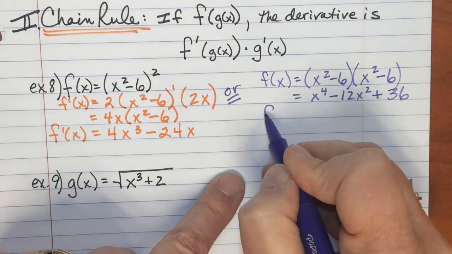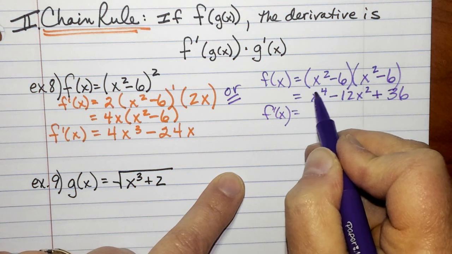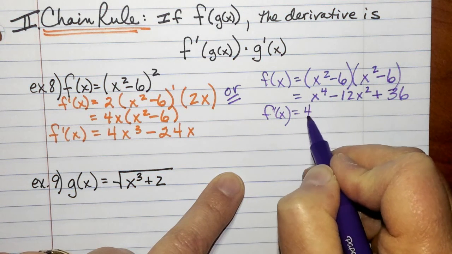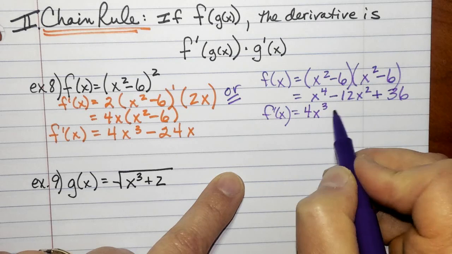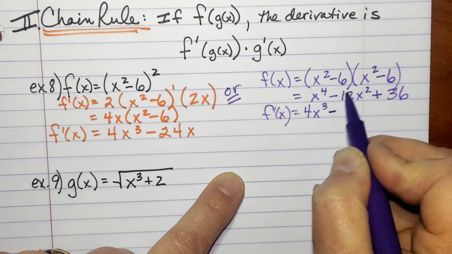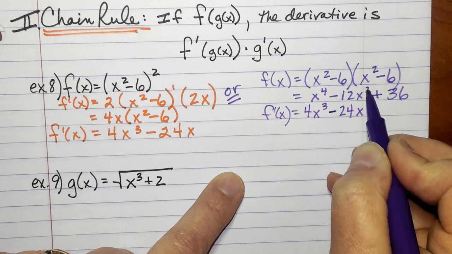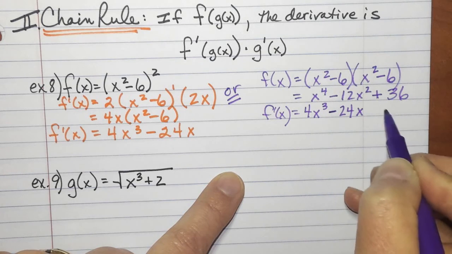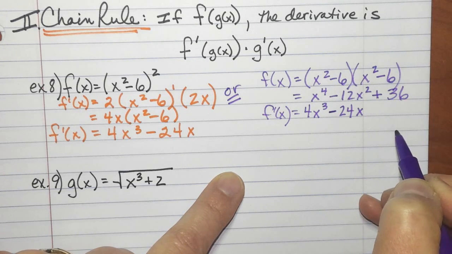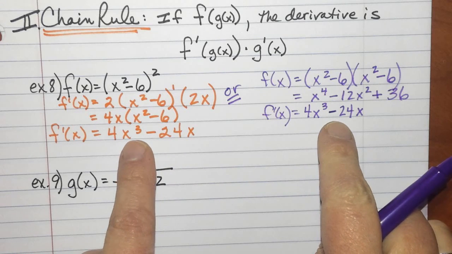So the derivative then would be, bring the 4 down times the 1, so I have 4x, reduce that to the third, minus 2 times negative 12 is negative 24x, reduce that by 1, so it'd be 1. And the derivative of the 36 is 0. Well, look at that. That's the exact same derivative.